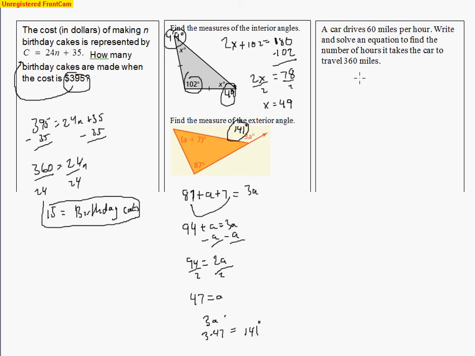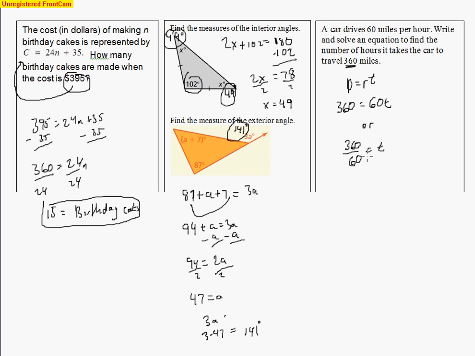And it says a car can drive 60 miles an hour, and solve an equation to find the number of hours it can travel in 360 miles. So we use this little formula, distance equals rate times time, and 360 equals the rate at which it travels times the time. So there's my equation. There's a few ways you could have set that up. We could have just known that I divide the number of miles by the rate, and that gives me time.